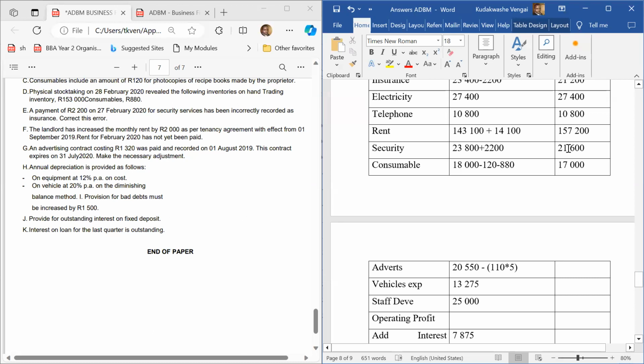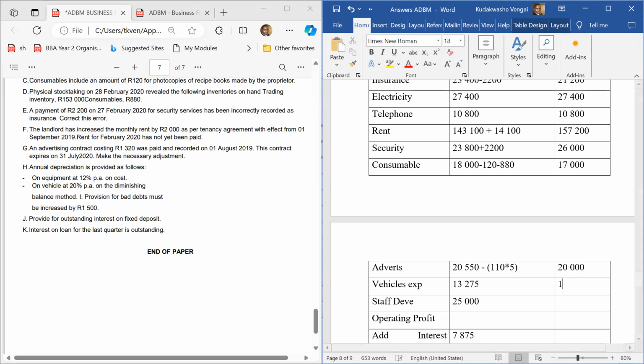It's 800. 23,800 plus 220. Oh, sorry, it's 26,000. And then this one, 20,550 minus 110 multiplied by 5 gives you 20,000.